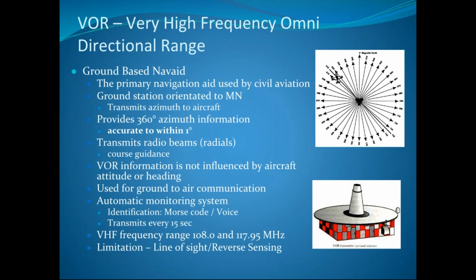The limitation, unlike the NDB, this one is actually line of sight. You have to be within line of sight of the station. NDBs, you don't have to be line of sight. The VORs you do, and that's because of the frequency that it transmits at. It's a lot higher of a frequency.